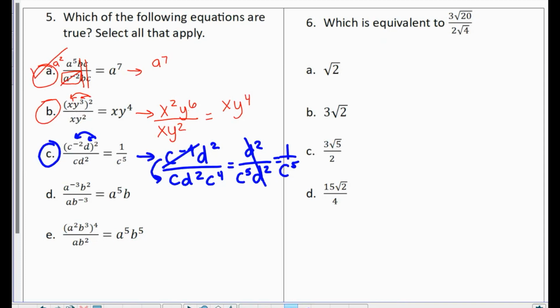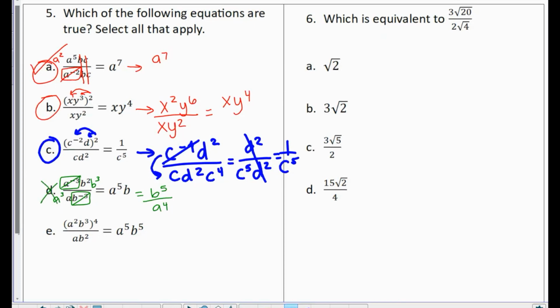Okay, let's try D. So here we've got a negative, need to move it to the bottom, and another negative, need to move it to the top. After we do that, we've got 2 plus 3 more, b to the 5th, over 8 to the 4th. This does not look like it is a match.